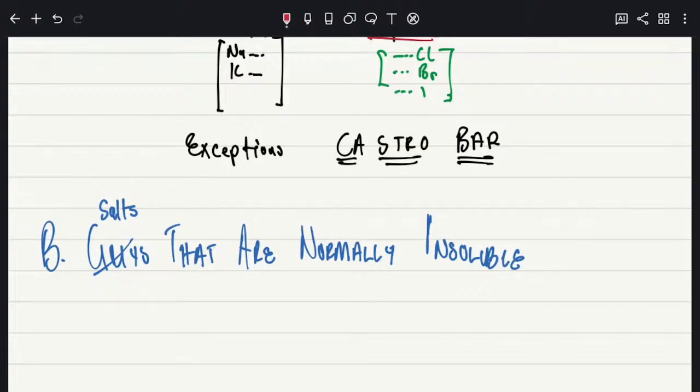Let's put them now. We want to see the guys that are normally insoluble. Okay? Let's put them, the guys that are normally insoluble.